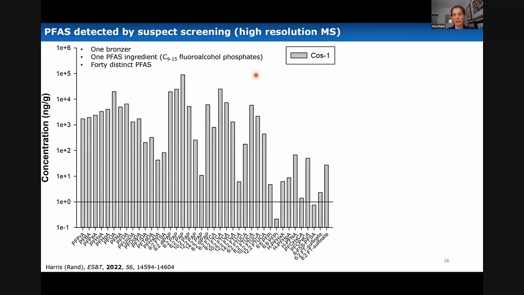So here is the first result. This is cosmetic 1, which is again a bronzer that listed 1 PFAS ingredient, the mixture of monoPAPs. And what we found was 40 distinct PFAS, the PFCAs, the FTCAs, PAPs, but also lots of unexpected PFAS, given that they are completely unrelated to the active ingredient.